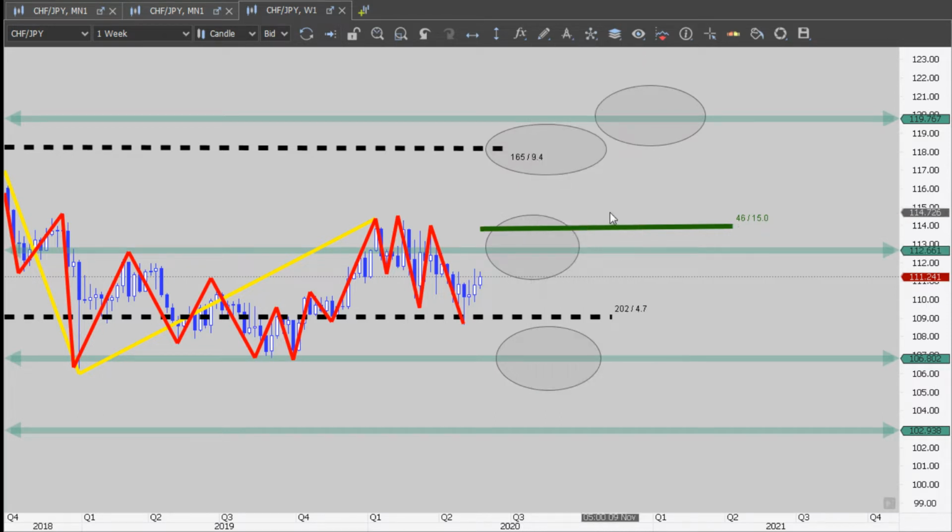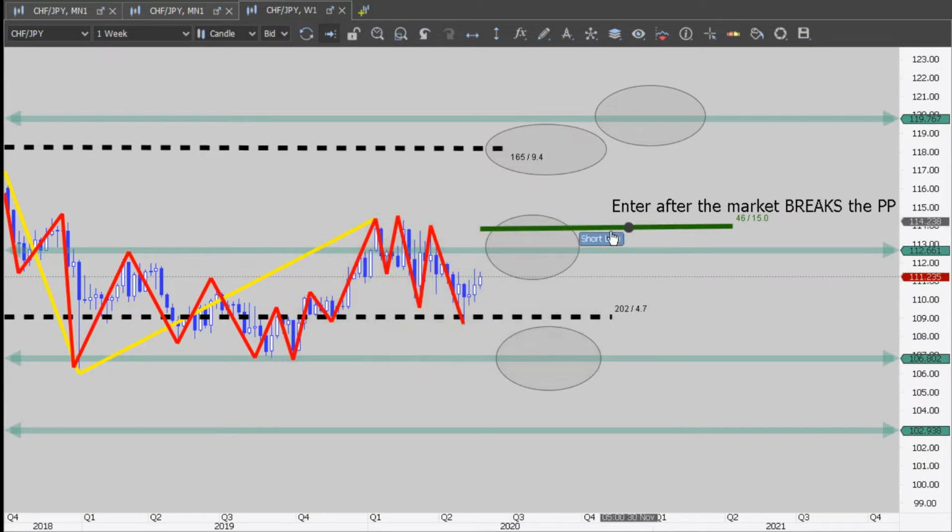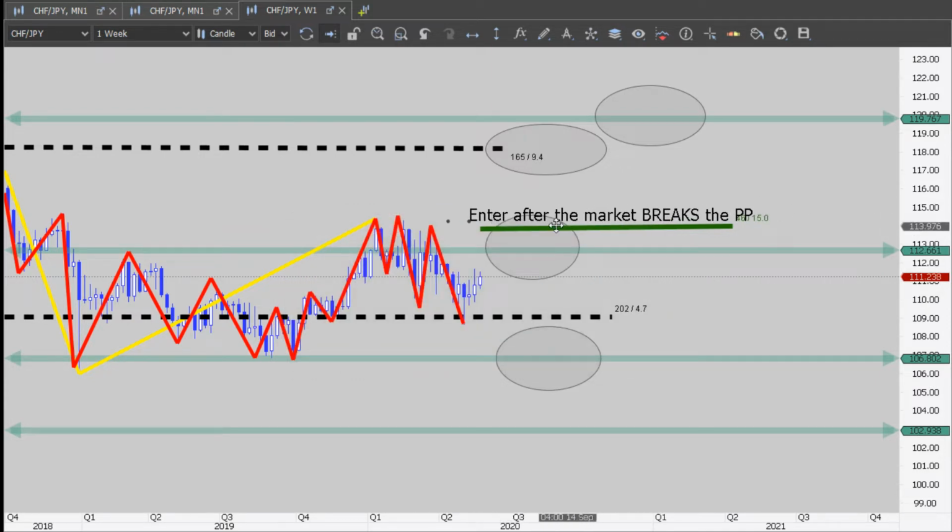And again, there is no right or wrong, those are just different strategies if you want. And remember, these webinars are not trading or investment advice. Enter after the market breaks the pivot point. So somewhere in here, right? Okay, great. Where do you want to put your stop loss level and where do you want to put your take profit level? Christian?